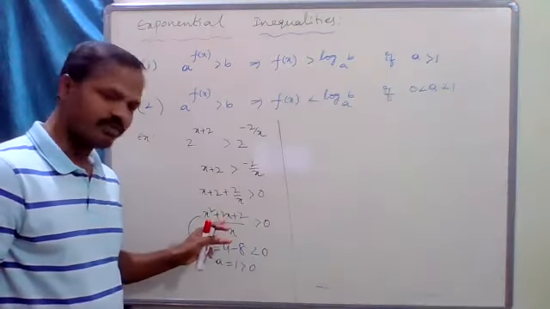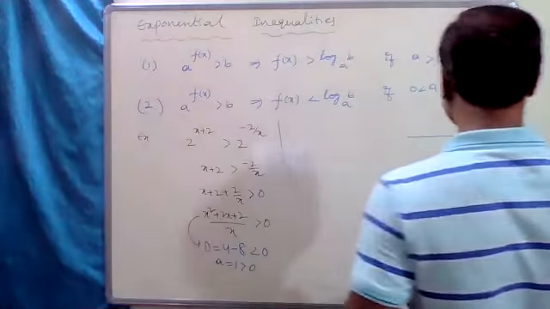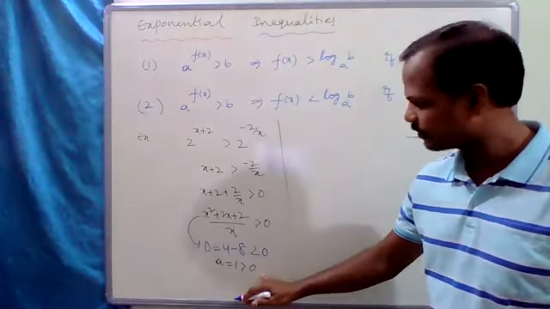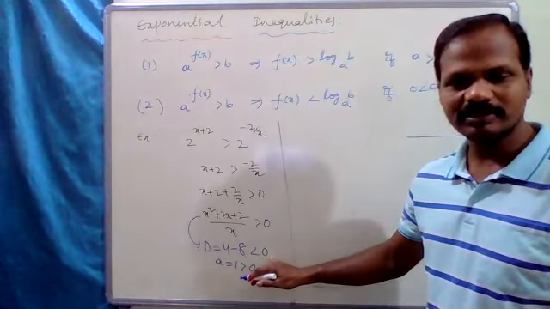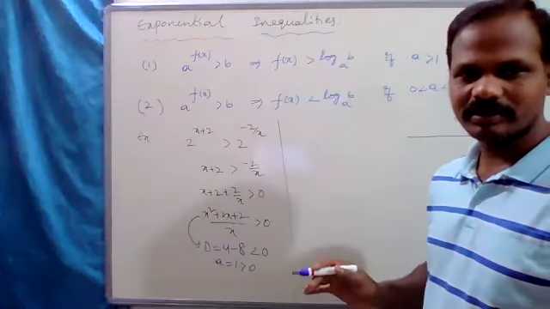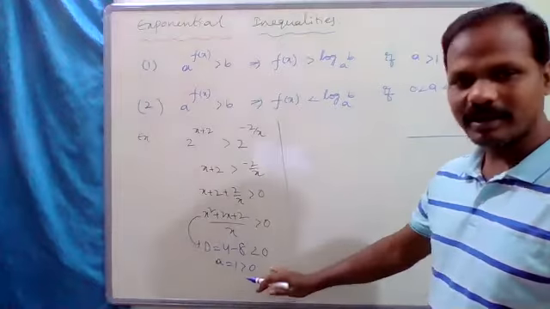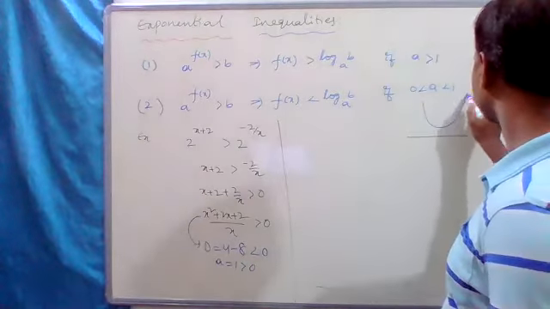What about the graph of this expression? a greater than 0 means it has a minimum. Discriminant less than 0 means it doesn't meet the x-axis. So it has a minimum and doesn't meet the x-axis, that is, the graph is like this.